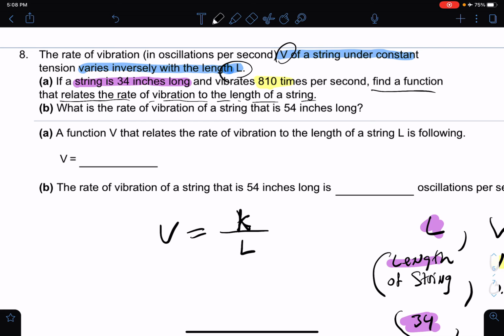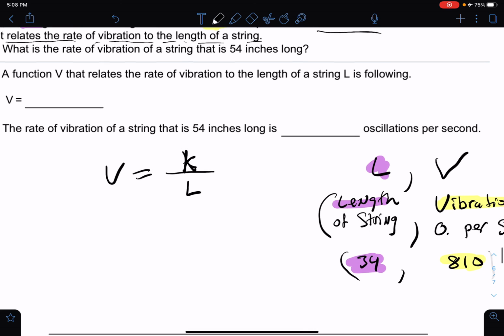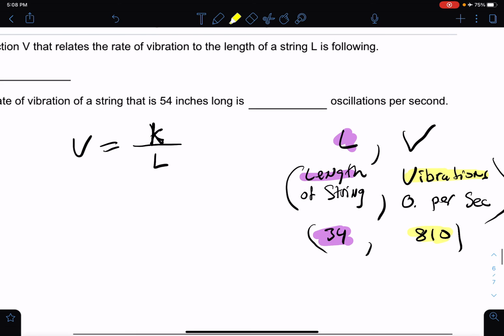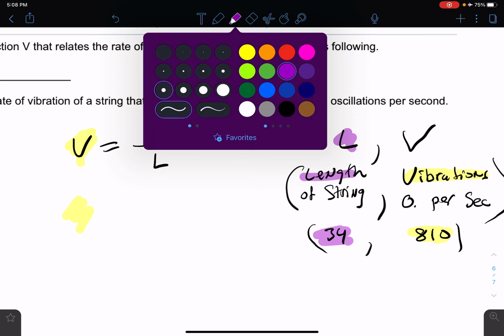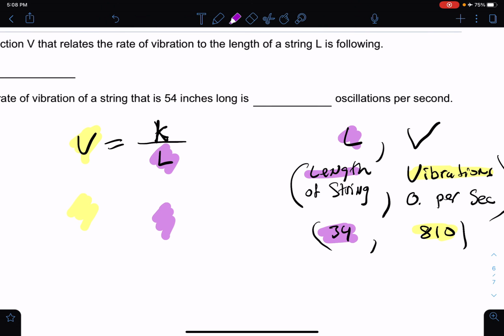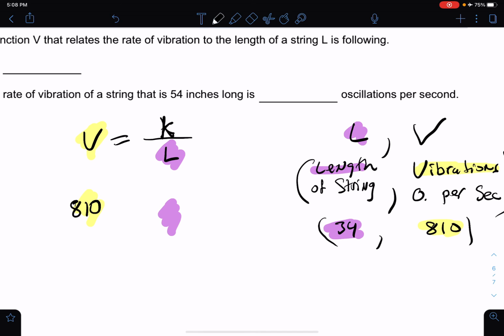Oh, so we need to come up with this function, right? And so what do we have? Well, we have a lot. We have vibrations, right? And we have string length. Good. So let me see. What were the vibrations? 810 vibrations per second.